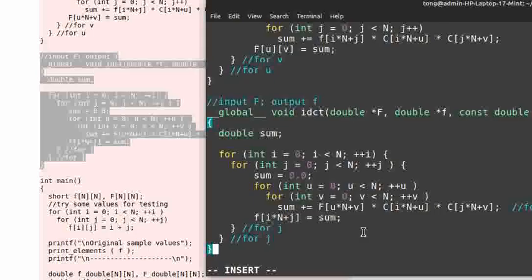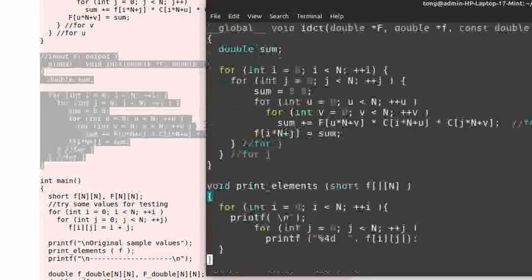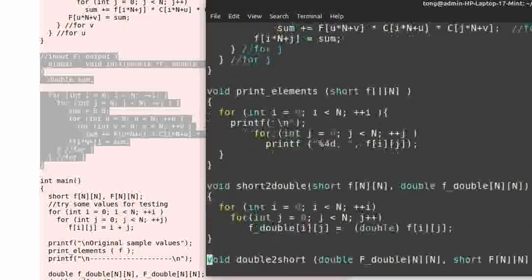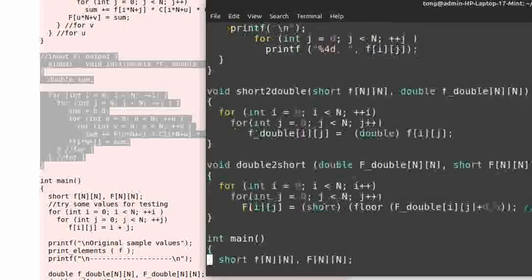Again, instead of using F(u,v), this becomes F[u times n plus v] and so on. So the others are the same. We still have print elements, int to double, and double to int.